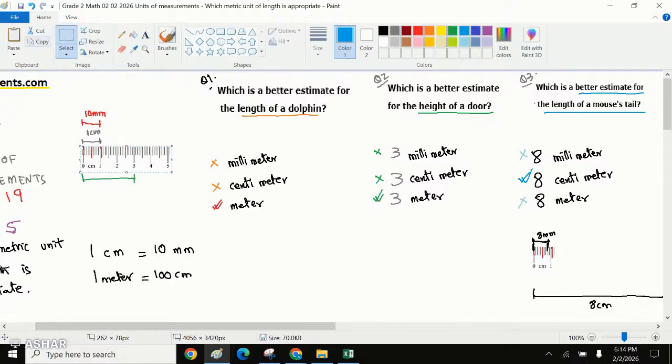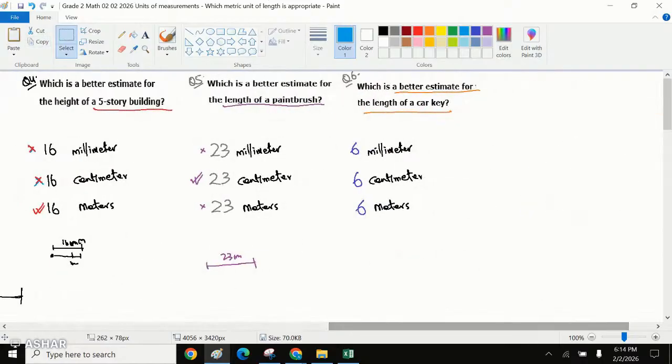Okay. Yeah. Let's see. If this was 5 millimeter, and then this should be 6 centimeter, right? This is centimeter. And 6 millimeter is this. 6 millimeter and 6 centimeter.